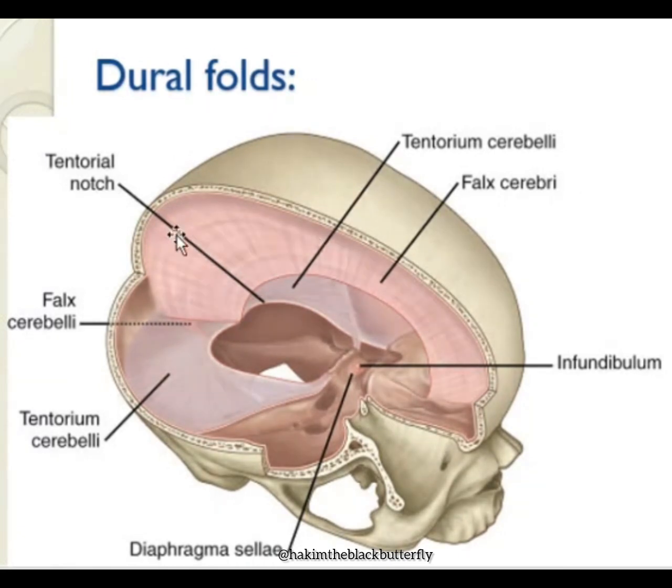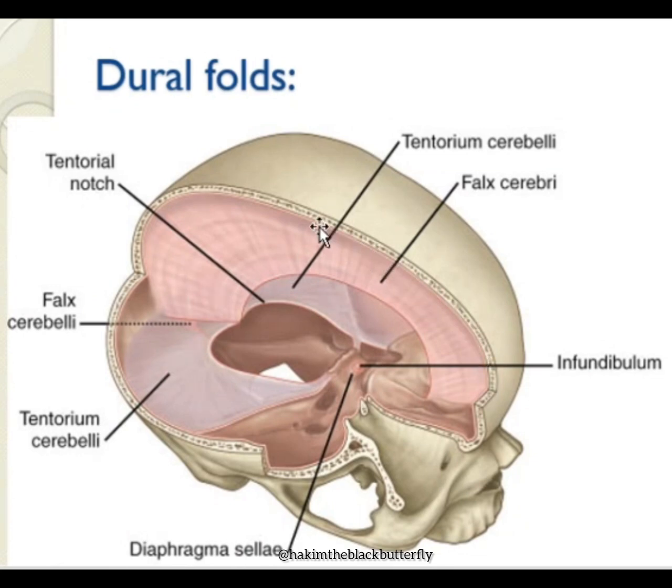So these folds of dura mater, for example, this Falx cerebri. Its superior aspect has a channel. This channel, its walls are made up of dura mater. So there is a channel which contains blood on the superior aspect of the Falx cerebri.